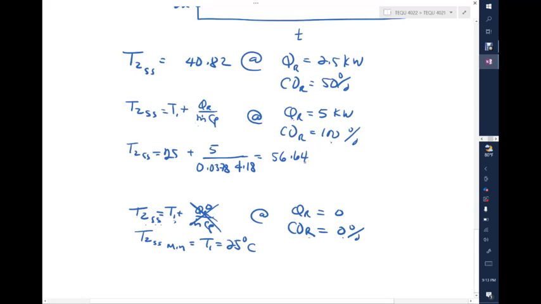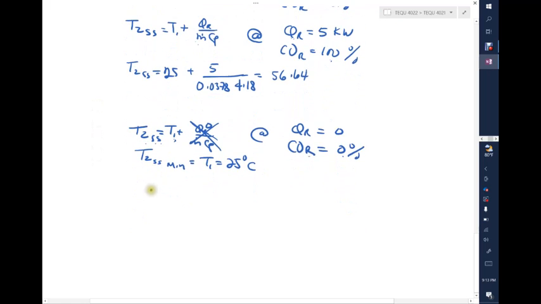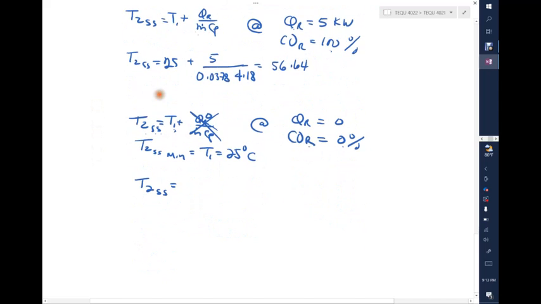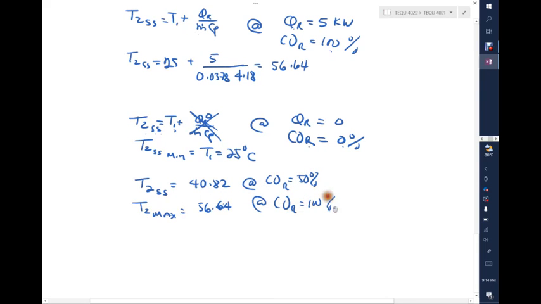Let me organize this. Basically you have a T2SS of about 40.82 at COR equal to 50%, but you also got a T2 maximum equal to 56.64 at COR equal to 100%, and you got a T2 minimum of 25 degrees C at COR equal to 0%.